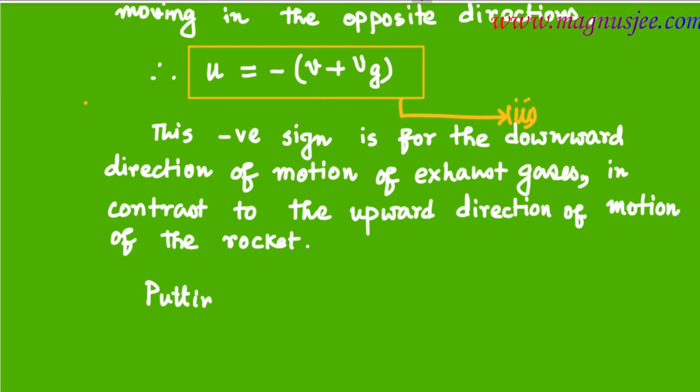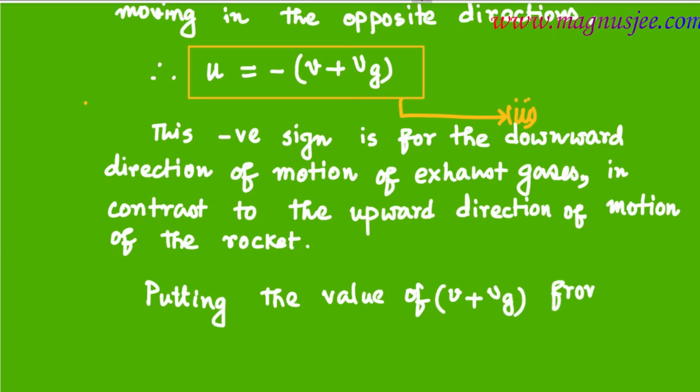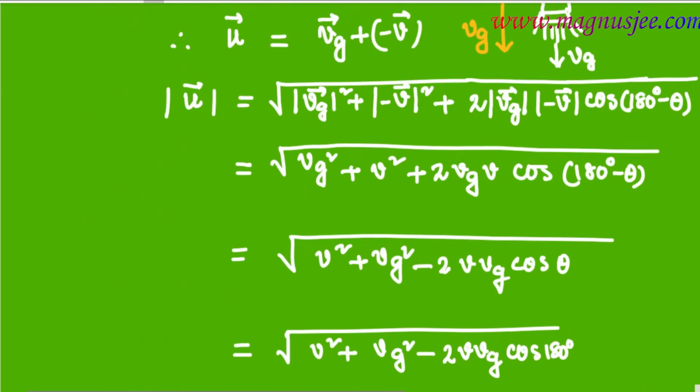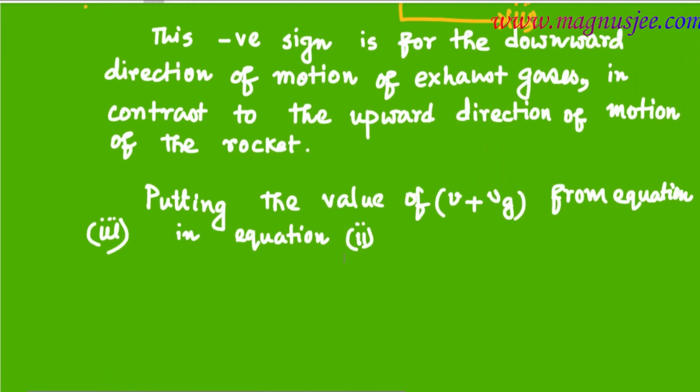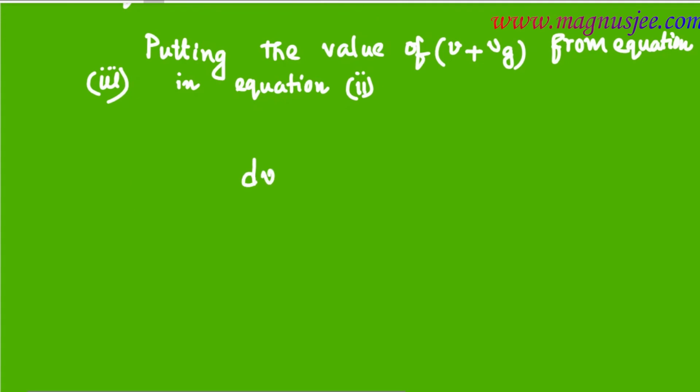Putting this value of u, the relative velocity of exhaust gases, from equation 3 into equation 2, we get: equation 2 was dv equal minus v plus vg divided by m into dm.